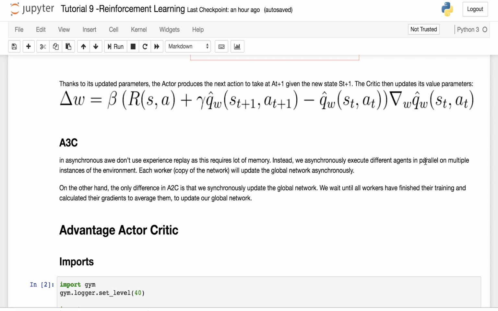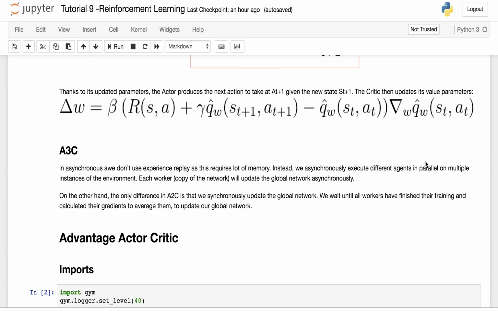The value parameters are shared between our actor and our critic. The actor network generates the Q value, and then this Q value is optimized by the critic network.